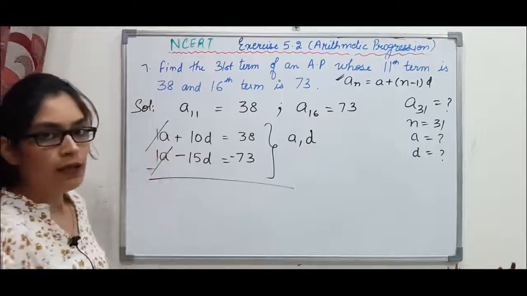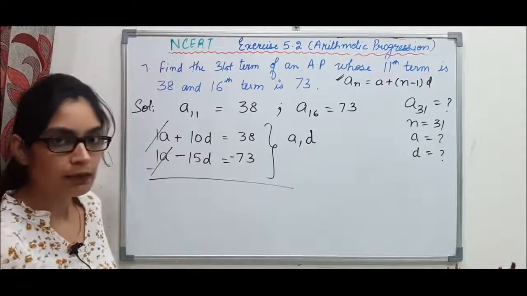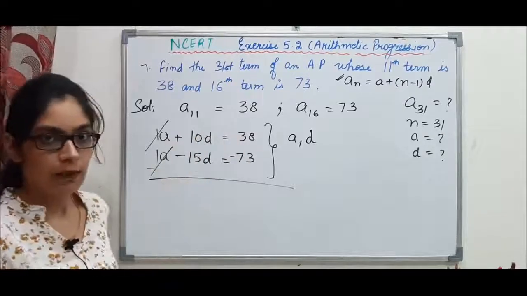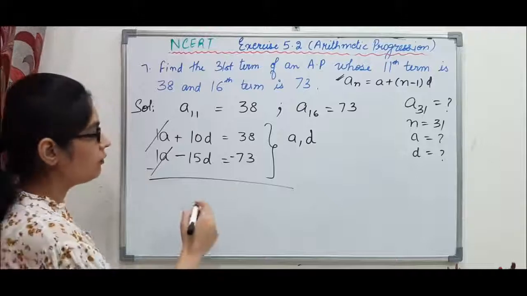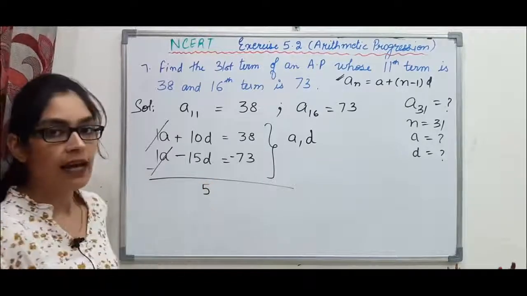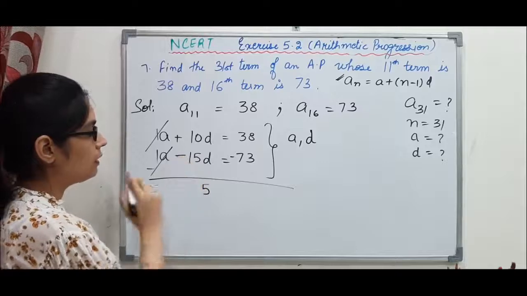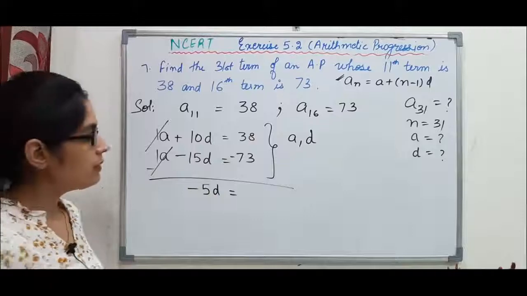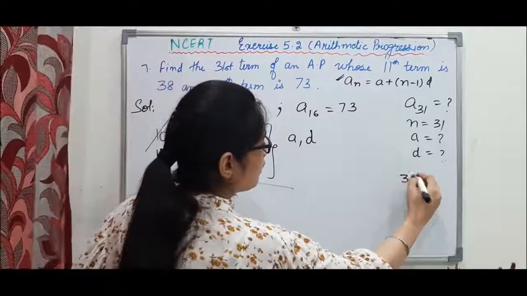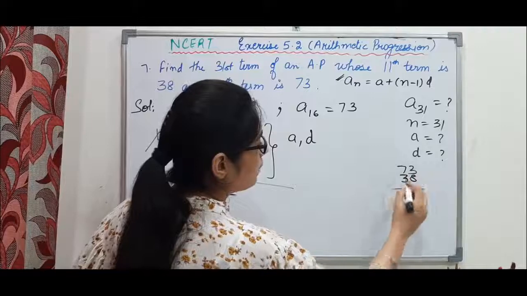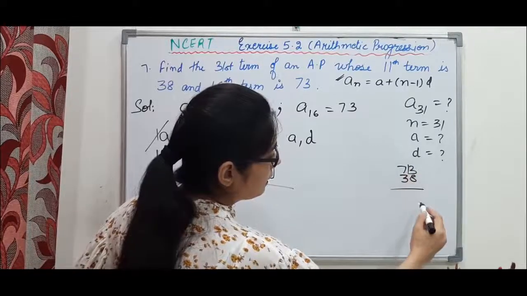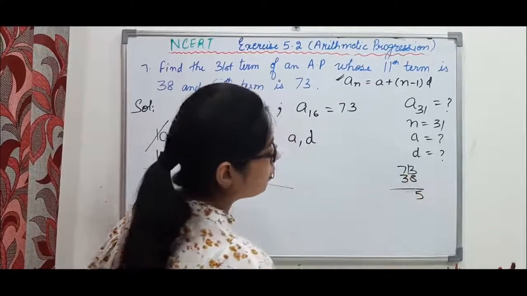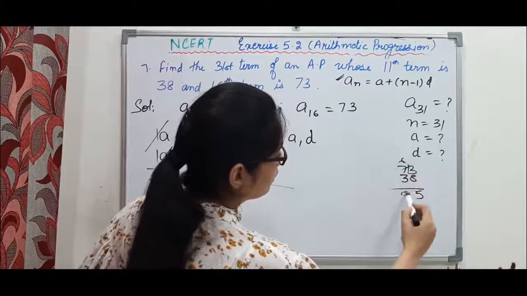Plus A and minus A will give us 0, so directly we can cancel them. 10D minus 15D: 15 minus 10 is 5, with the sign of the greater number, so minus 5D. 38 minus 73: let's do the subtraction. 13 minus 8 is 5, then 6 minus 3 is 3.